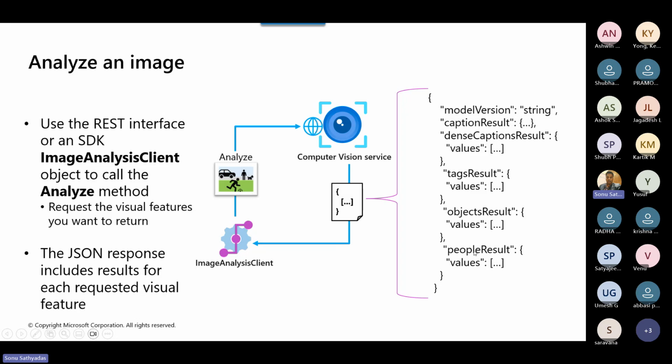So what features you want to include while making a request, accordingly the response structure will change. But ultimately, the response is coming in JSON format. But if you are using the SDK, that JSON data is converted into a class object.